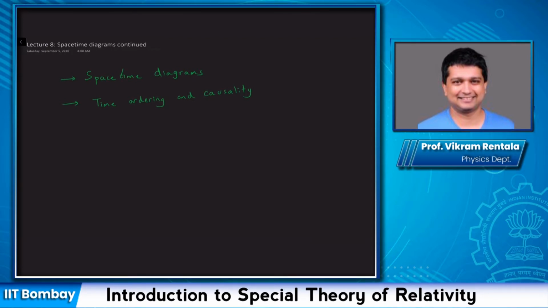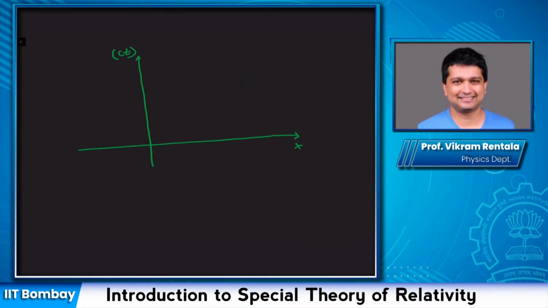In today's class, we'll try to understand spacetime diagrams and how they translate from the observations seen by one inertial observer in a frame S to the observations seen by a different inertial observer in a frame S prime. So here I've shown the spacetime diagram for an observer in a frame S, and their origin we'll mark as 0, 0, 0 in space and 0 in time.